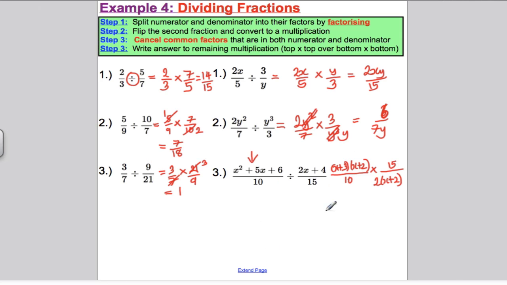Now, let's see where we get to here. We've got an x plus 2 on top and on bottom, so they cancel. And have we got anything common to both? Well, yeah, a 5 goes into 10 and 15. It will go in 2 times here and 3 times here. And so we would get 3 multiplied by x plus 3, all divided by 2 times 2, which is 4. So 3x plus 3 over 4 would be our final answer.